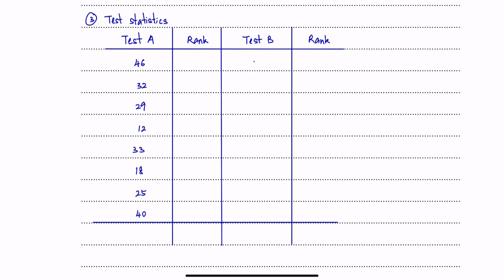For test B, we have 36, 28, 49, 37, 48, 35, 41, and 31. So now we need to start ranking all the test scores.